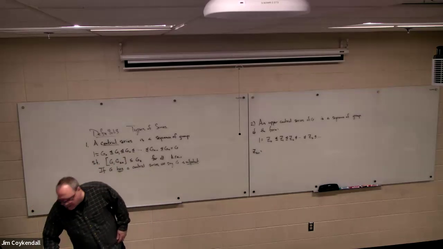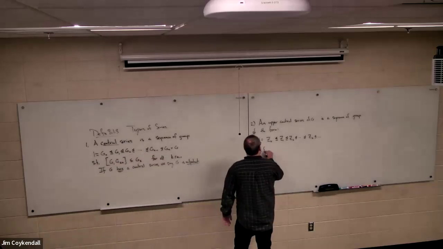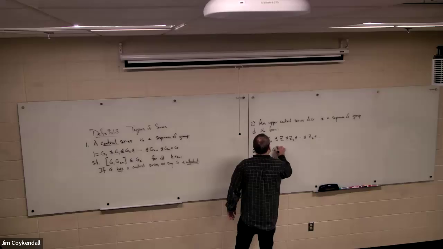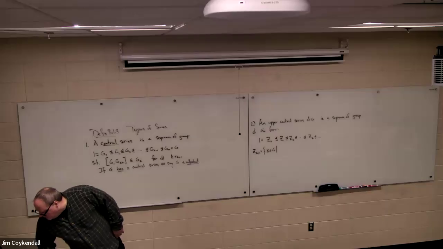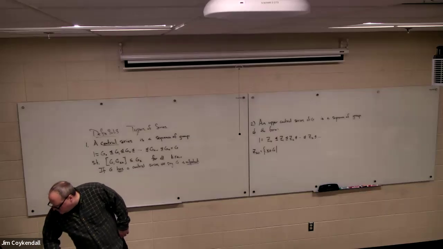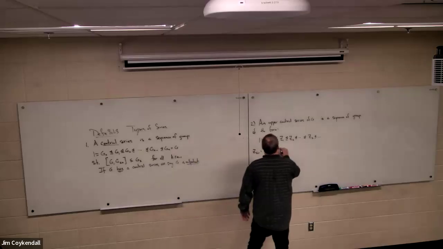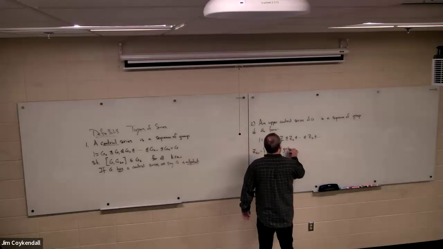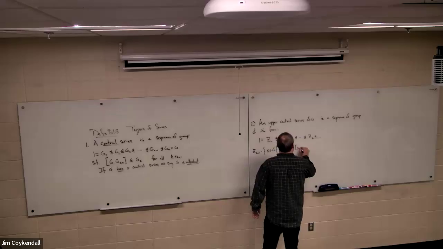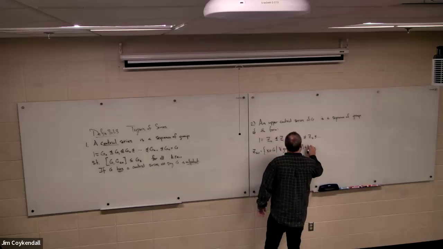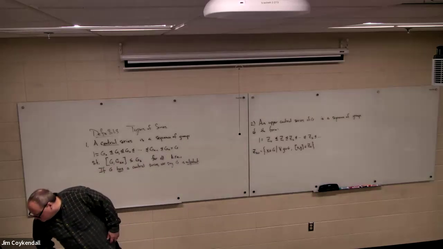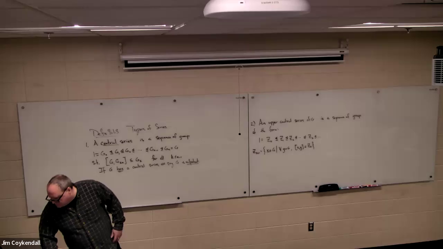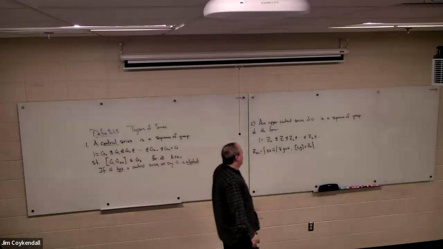Z(k+1) is the set of x in G such that the commutator [x,g] is in Zk.